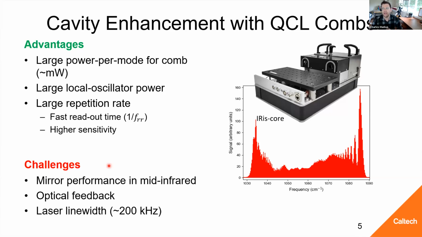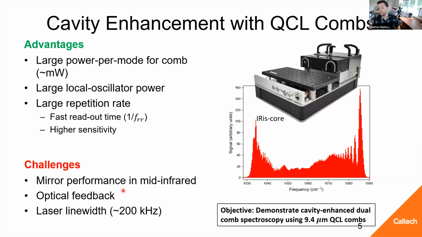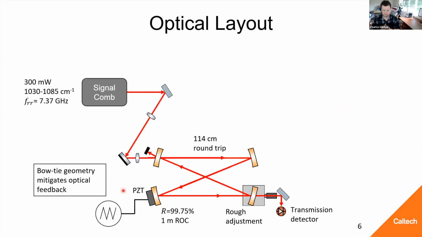So that's an issue. And these systems are free running, so their line widths are relatively large, on the order of 200 kilohertz. This can give you challenges as far as coupling to an optical resonator. But our objective was to demonstrate that this was feasible in this 9.4 micron region that this device we were using covered.